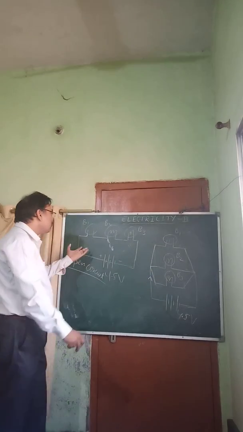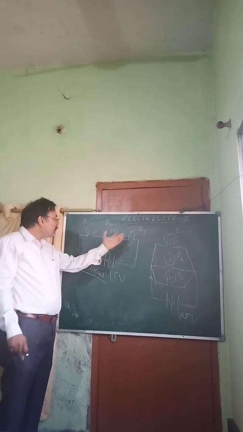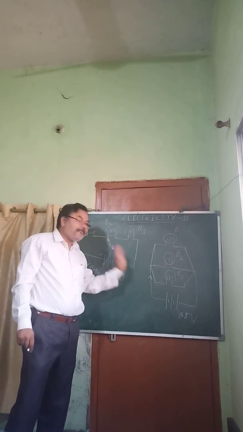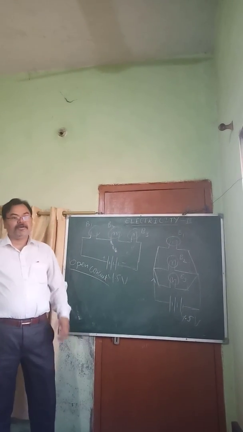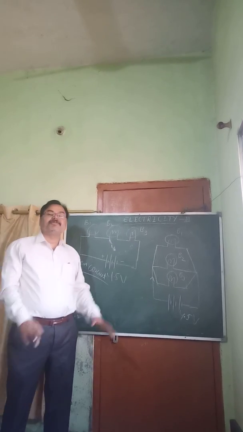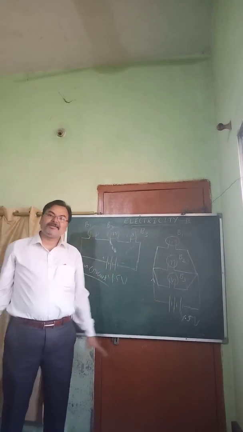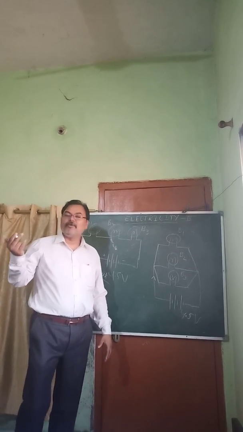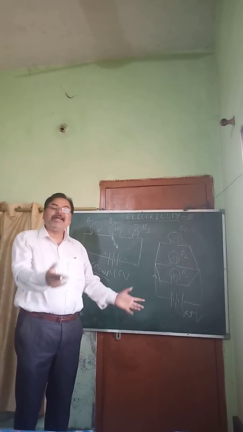But what about the series combination? If one is blown off, others are not going to glow. And that's why we prefer parallel combination in the household circuits, in the schools, in the offices, everywhere. And that's why you find, if one device is blown off, it is not necessary that it is only a bulb.